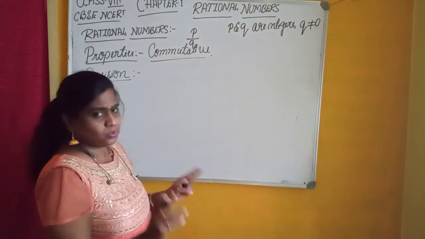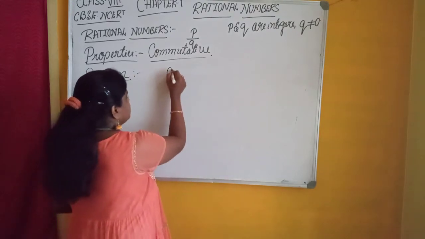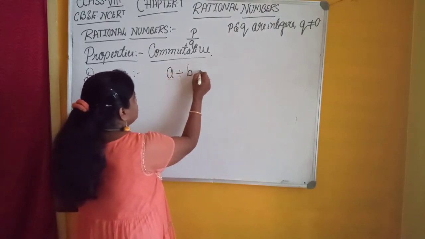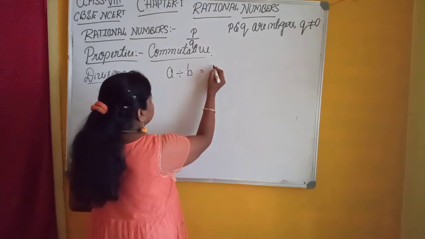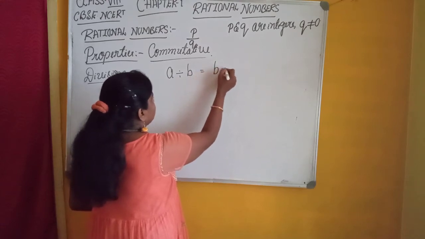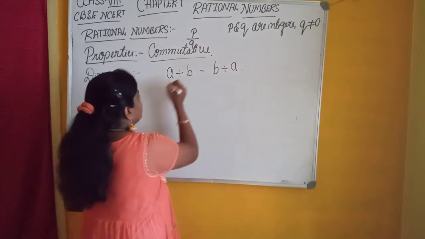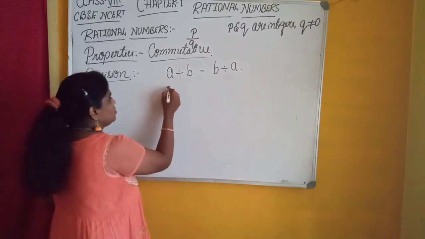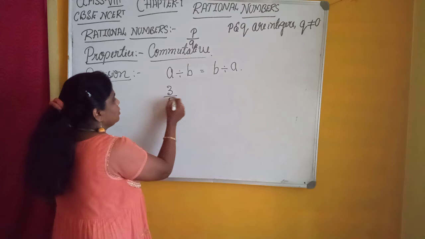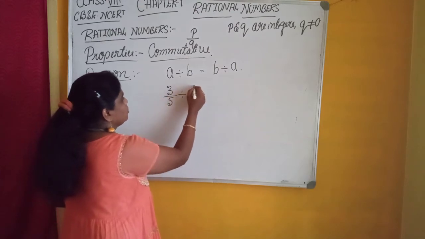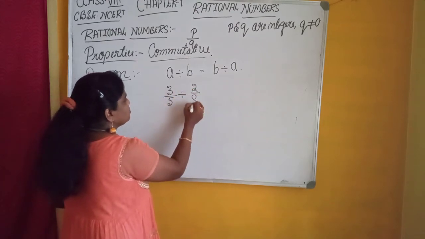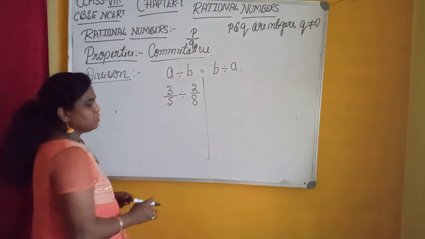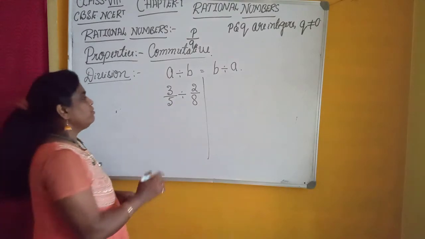Let us consider two rational numbers, a and b. Checking for the commutative property, that is b divided by a. Now let us consider an example: 3/5 divided by 2/8.